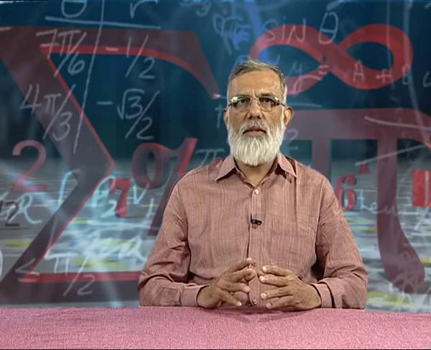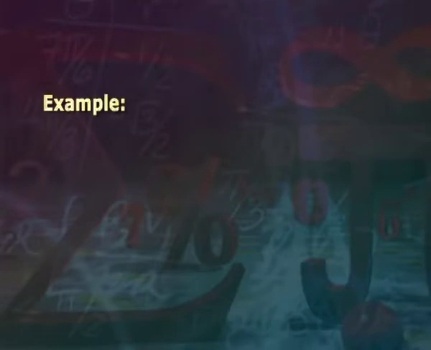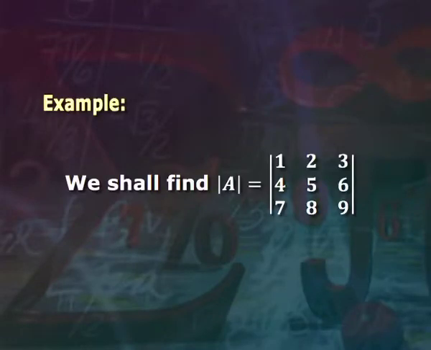We shall find the determinant of a 3 by 3 matrix using both equivalent forms. Example, we shall find determinant of A equal to determinant of [1, 2, 3; 4, 5, 6; 7, 8, 9].